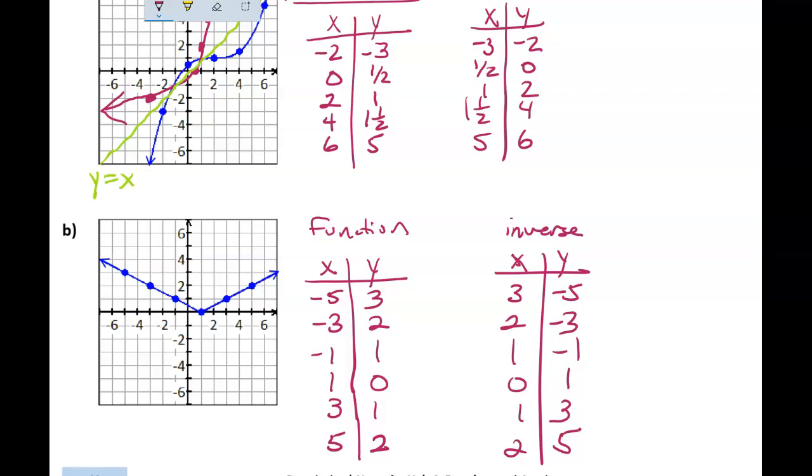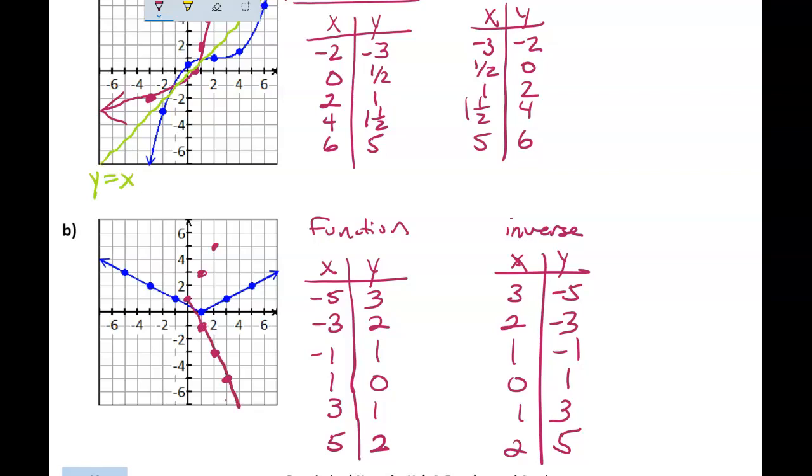So we have 3, -5, 2, -3, 1, -1, 0, 1, 1, 3, and 2, 5.